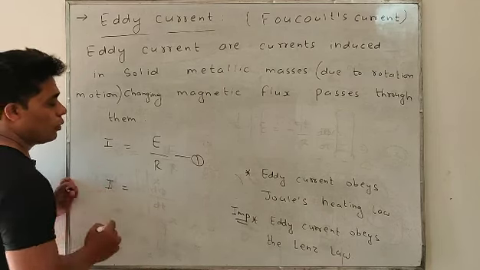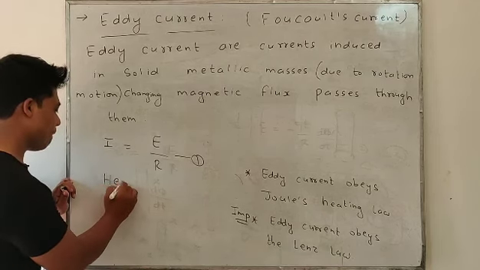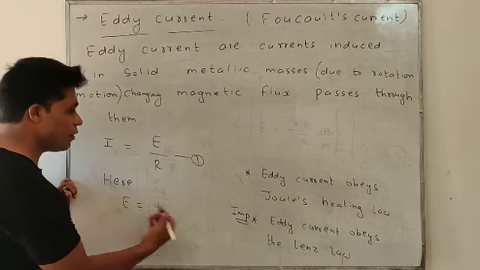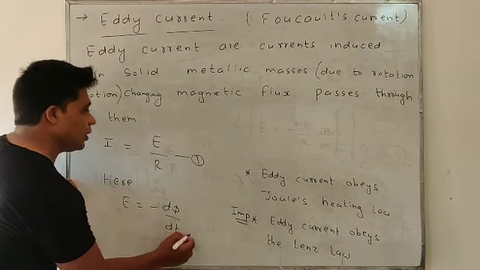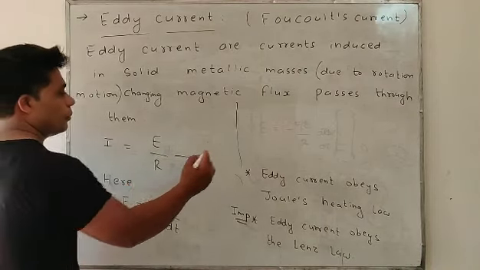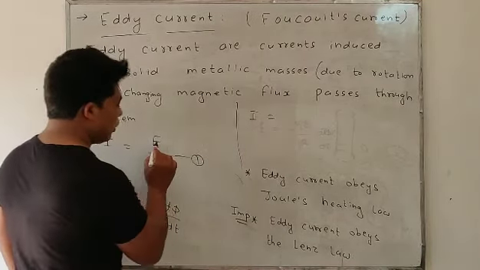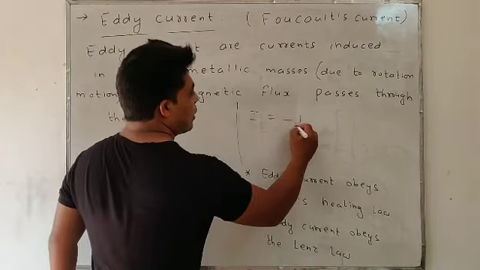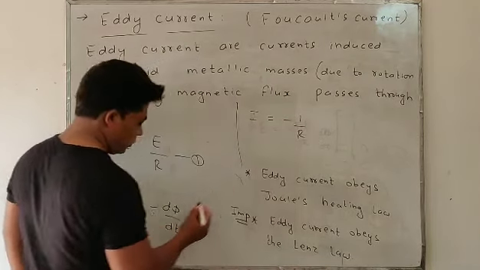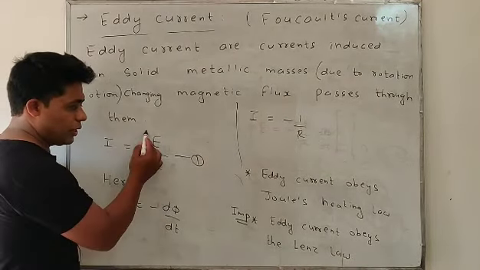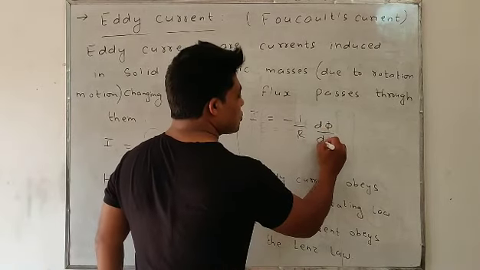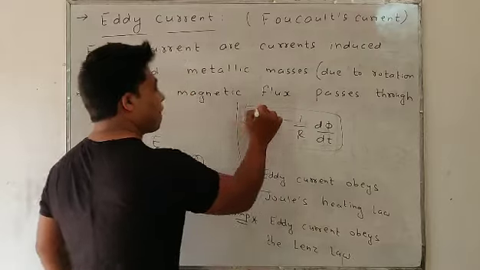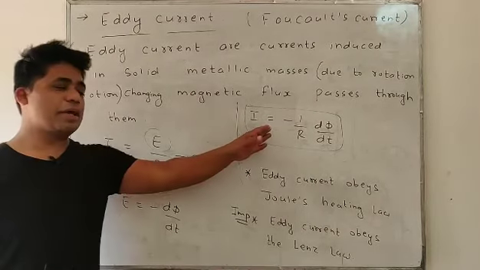And we know the induced EMF by Faraday's law and Lenz's law is E equals minus d phi by dt. So put it here: I equals E by R, which is minus 1 upon R times d phi by dt. So this is the mathematical form of eddy current.